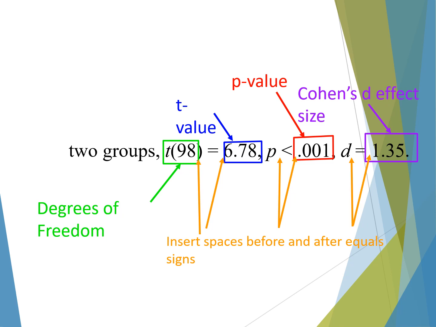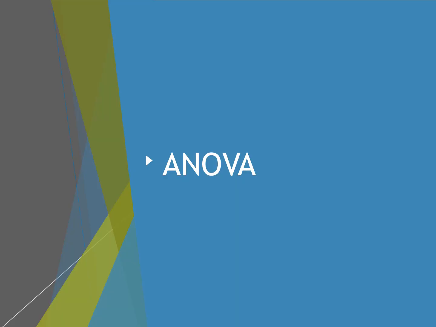There is no space before the degrees of freedom, so that kind of goes with the t-value, or with the letter t with a statistic. You've got your p-value, and again, you want to report that specific p-value unless the p-value is smaller than 0.001. But if it's anything greater than 0.001, you report p equals and the specific p-value, and you also report Cohen's d effect size.